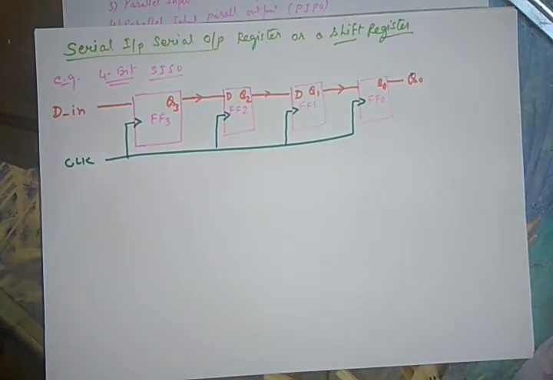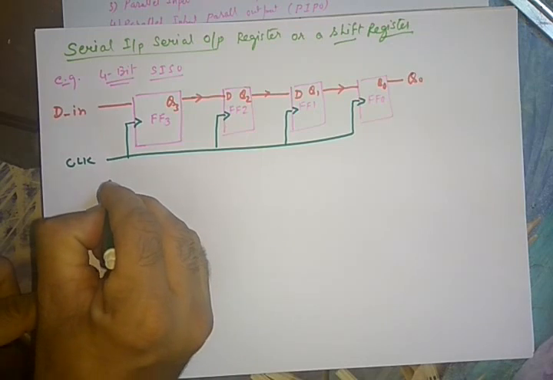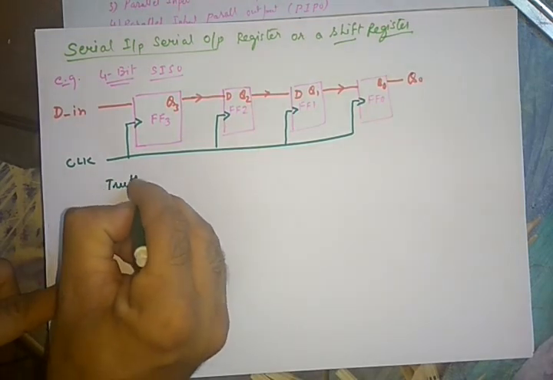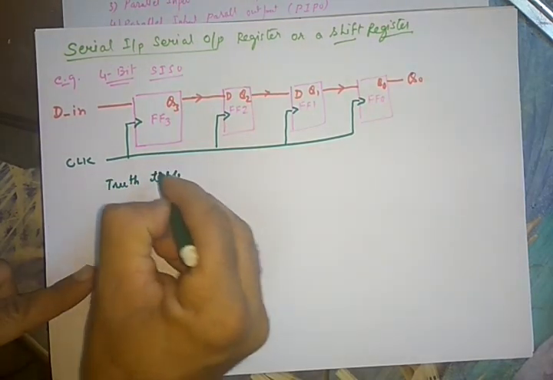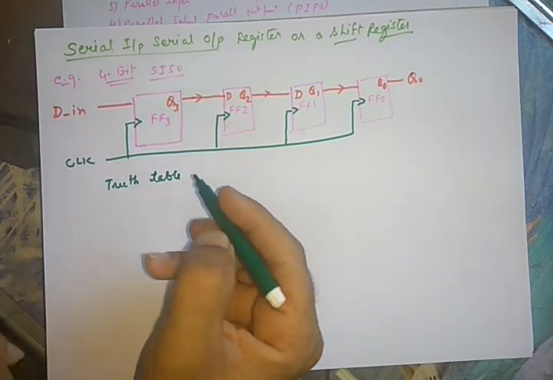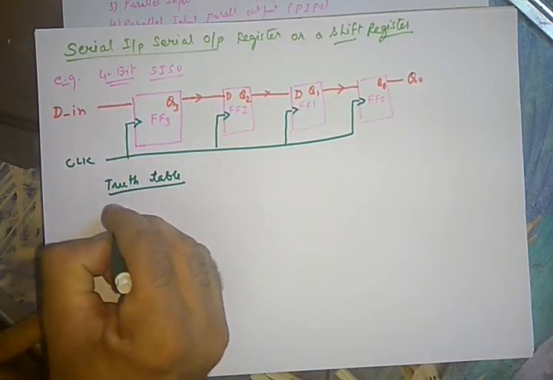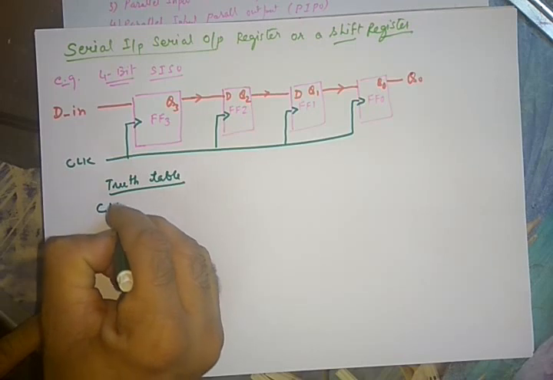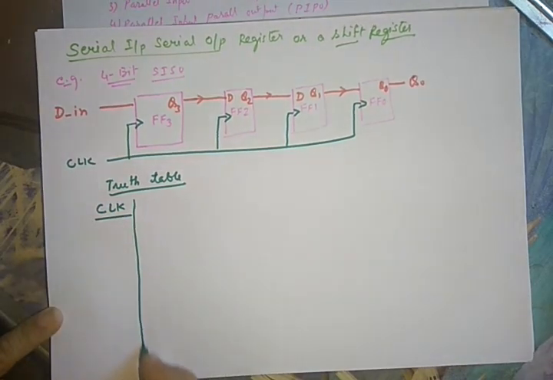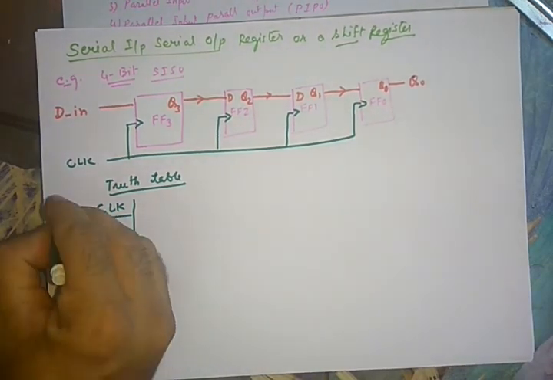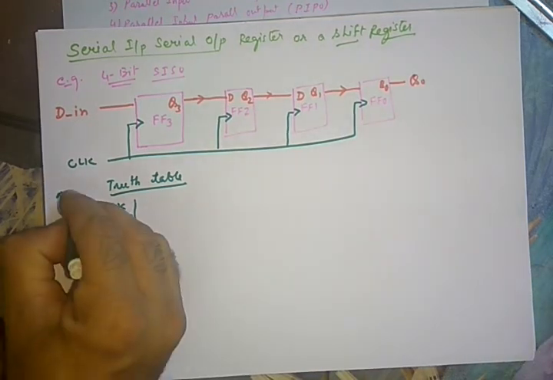How it works? Suppose if clock is there, please remember clock can be a positive edge triggered or a negative edge triggered.